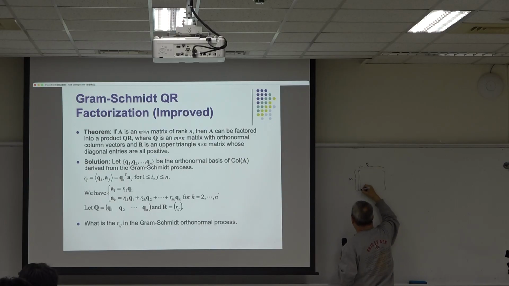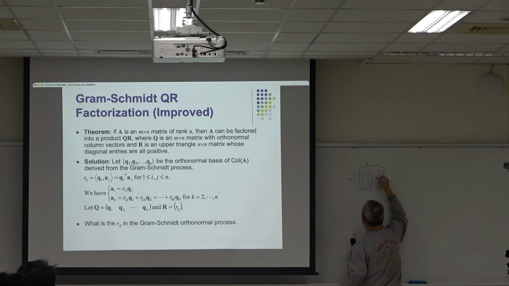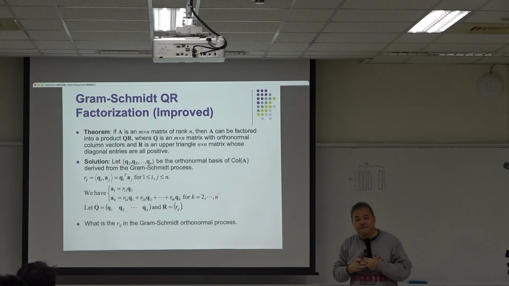So you consider these column vectors. They are n column vectors, right?